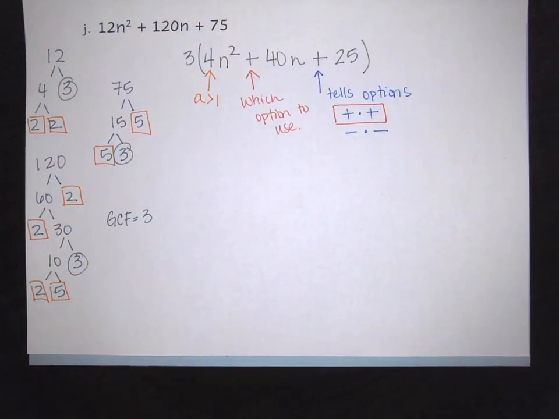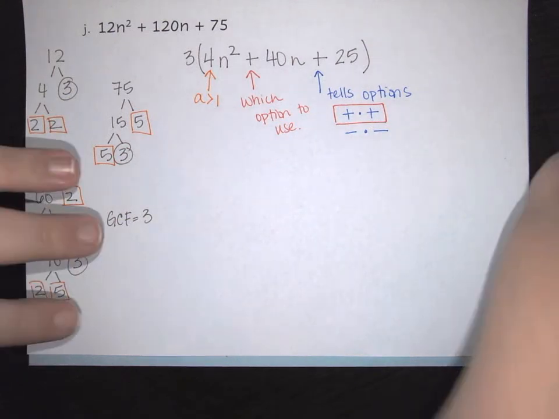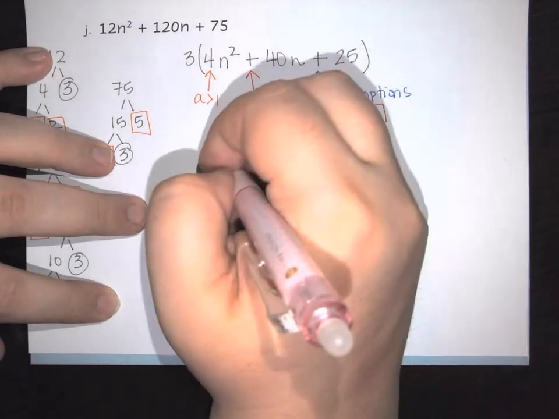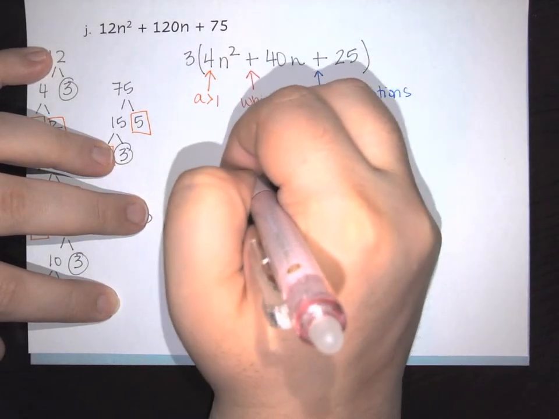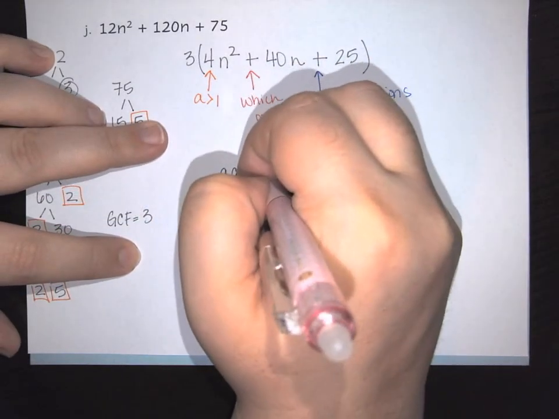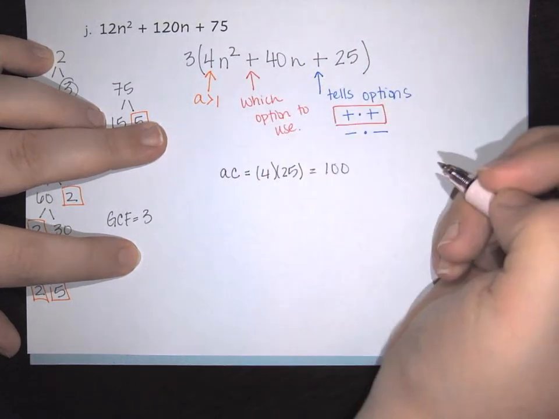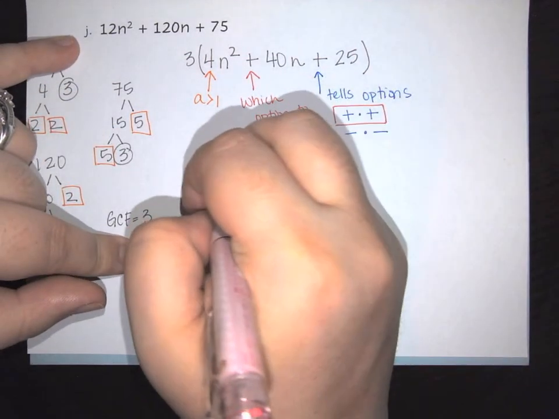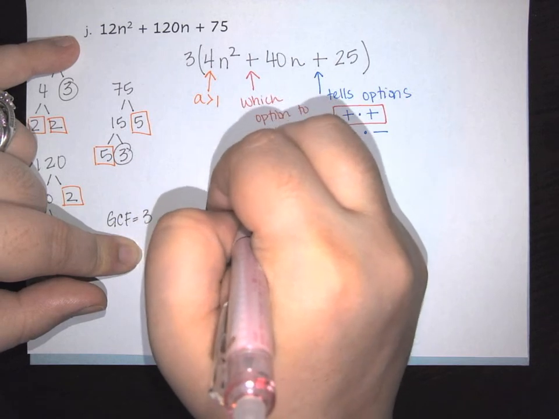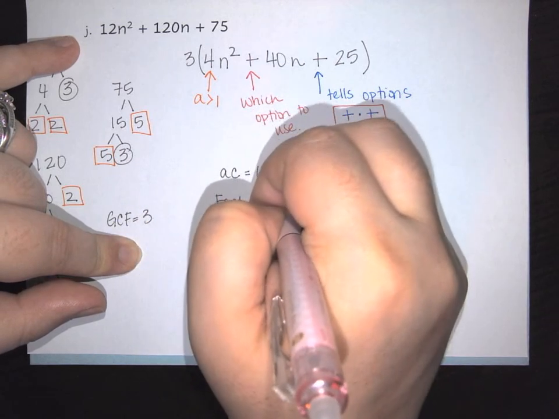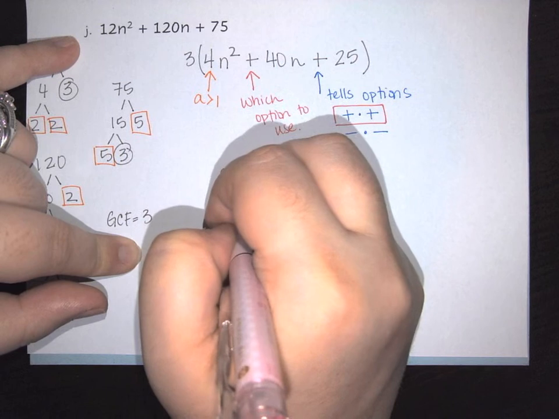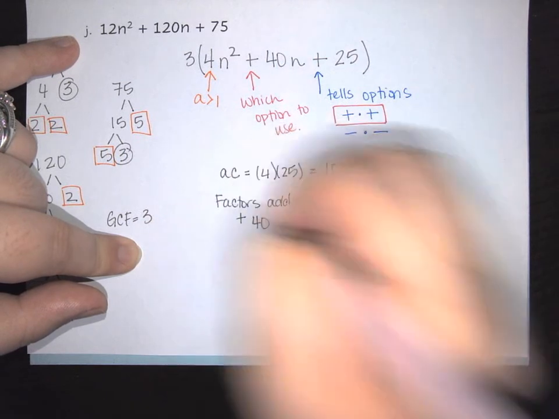So you would want to potentially use that bottoms up method. So again, we can look at a times c. So this is 4 times 25, which gives you 100. And now I want to find factors that add to positive 40.